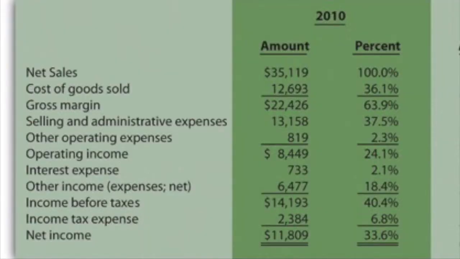Here, you can say the gross margin was 63.9% of the net sales. Or you can say the gross margin was $22,426 out of $35,119. Which of those two phrases sounds more appealing to you? The percentage, right? It's easy for people to grasp percentages and compare them across different years and with the industry.